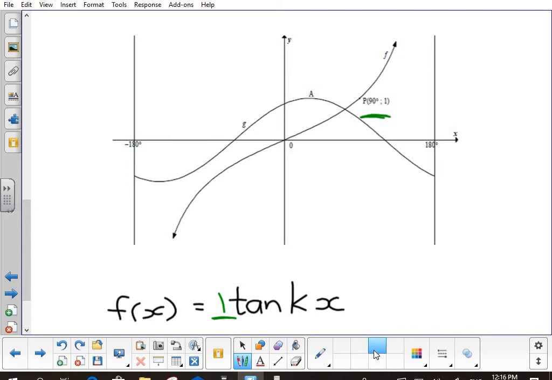So what I'm going to do is draw my standard trig graph on this. My standard trig graph would have looked something like that, and then there would have been an asymptote at 90 and at minus 90 on this side.